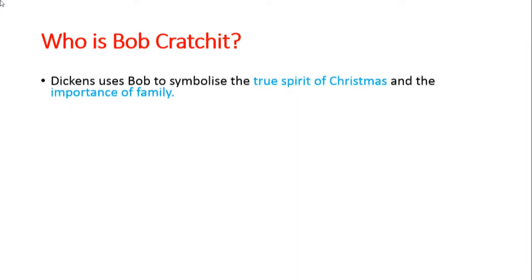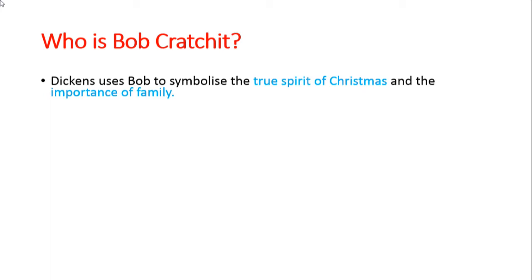Number one, he is used by Dickens to symbolise the true spirit of Christmas. Obviously, the true spirit of Christmas is not materialism, money, or financial gain. The true spirit of Christmas is the importance and centrality of family, of familial love, care, community, and charity.